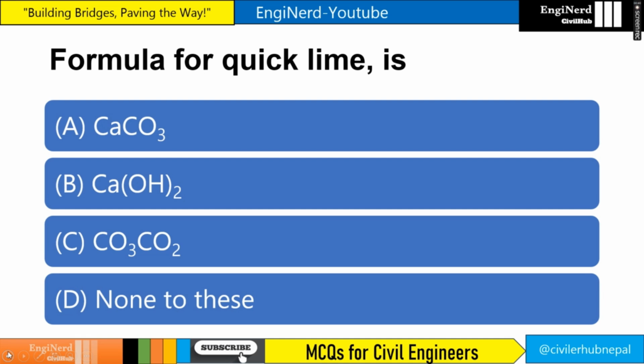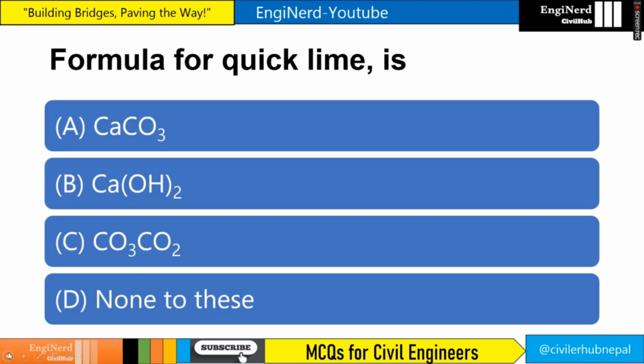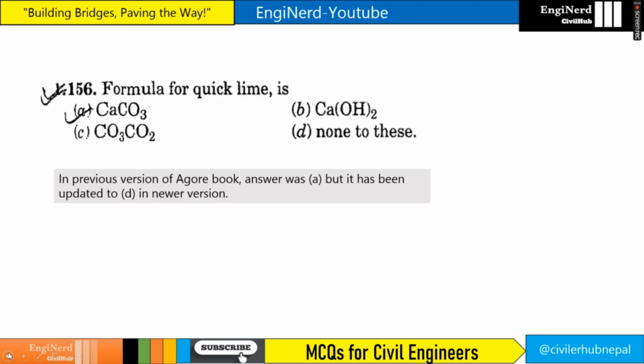Formula for quick lime is CaCO3, Ca(OH)2 and something, CO3, CO2, right? So none of these. If you see here, this is the question from our book. Previously the confusion was in option A, but we know that CaO is quicklime, right? So there is no option with CaO, so our answer will be none of these.